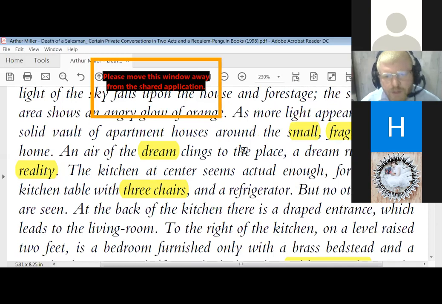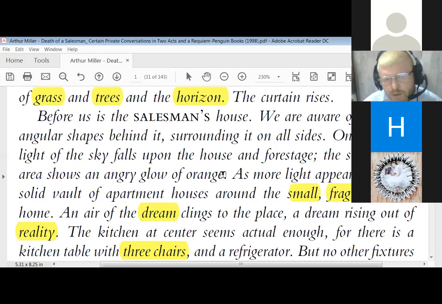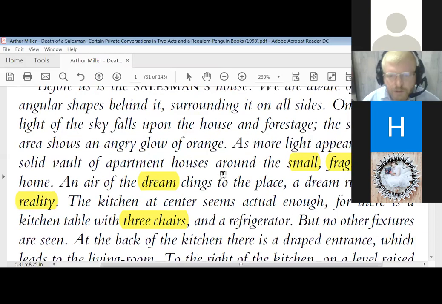Okay, so from this we said that the words grass and trees are referring to the idea of nature, and we see here the idea of nature versus culture. And this is what Willy Loman is going to remember many times: before, it was open around the house. So it was just trees and grass and so on, open nature.